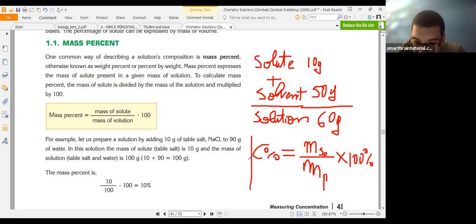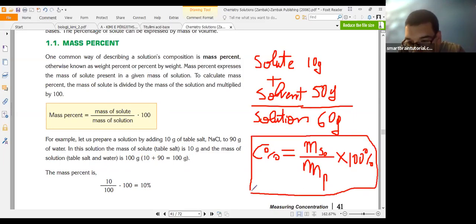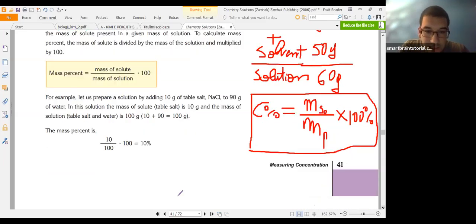This is the general formula of calculating the mass percentage, or percentage concentration, of solutions. For example, if 10 grams of table salt, sodium chloride, is added to 90 grams of water, it will produce 100 grams of solution.